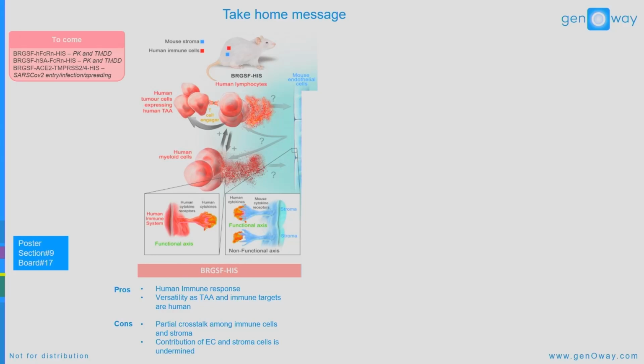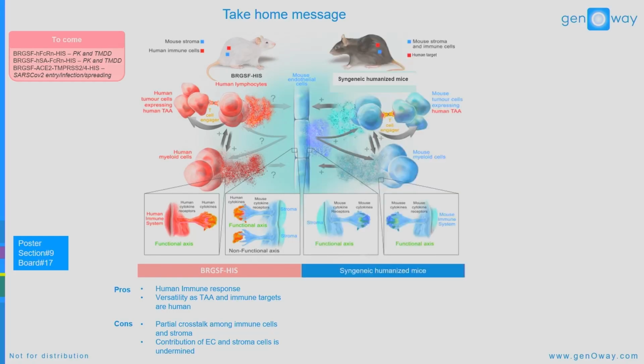However, these should not be against syngeneic models. Syngeneic models are quite helpful as well, as long as we know exactly how they have been generated and what are the limitations of these models, because there are many target humanized models around, where immune checkpoints were humanized, where CD3 has been humanized, where Fc gamma receptor have been humanized.